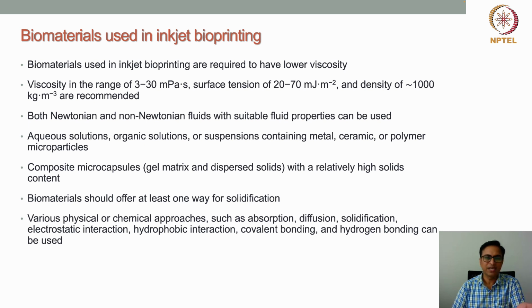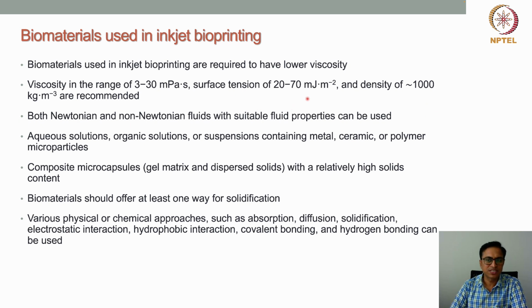Typically the biomaterial solution or formulation has water-like viscosity, or very low viscous materials can be used. Viscosity in the range of 3 to 30 millipascal second is very suitable for inkjet 3D printing technology. So biomaterials of this range are mostly used for this technology.